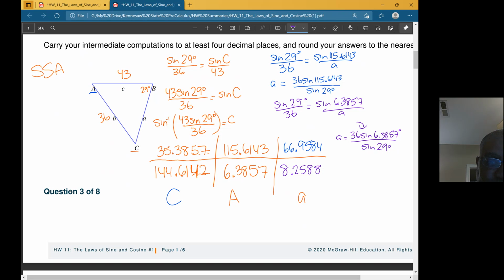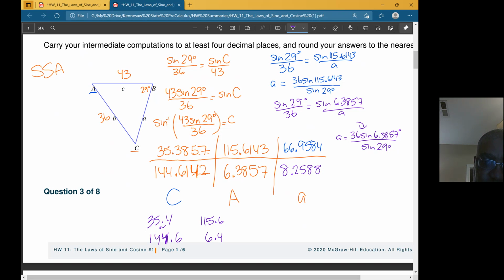Okay. So, final answers. C is equal to 35.4 or 144.6. Okay. If C is equal to 35.4, then that means that A is going to equal 115.6 or 6.4.